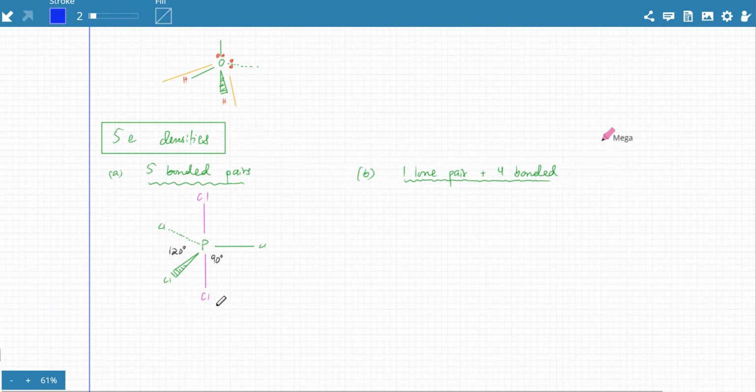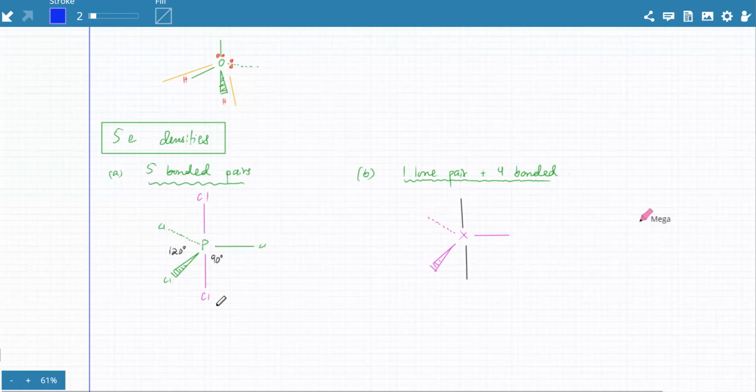Yeah. So how would the molecule look? It's going to be the same shape, because you have five electron densities. There's going to be a fan in the middle, and a bond on top and a bond at the bottom.